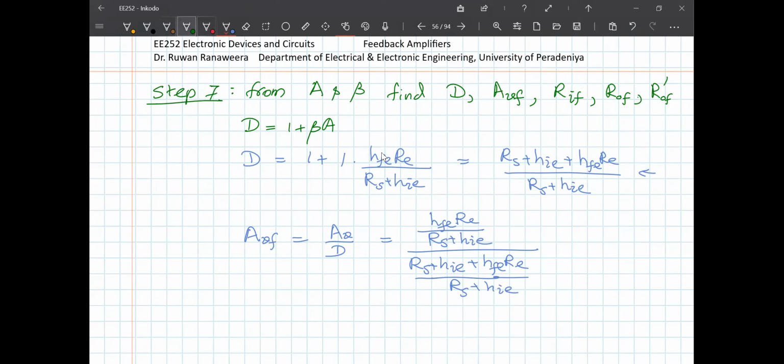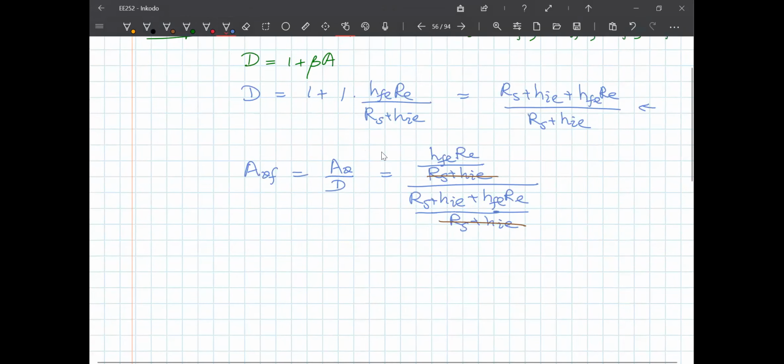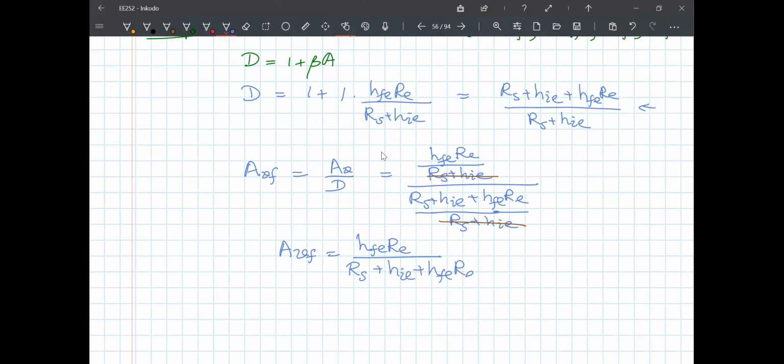So you can get rid of these. So AVF is equal to HFERE over RS plus HIE plus HFERE. Okay, so this is my gain with feedback.